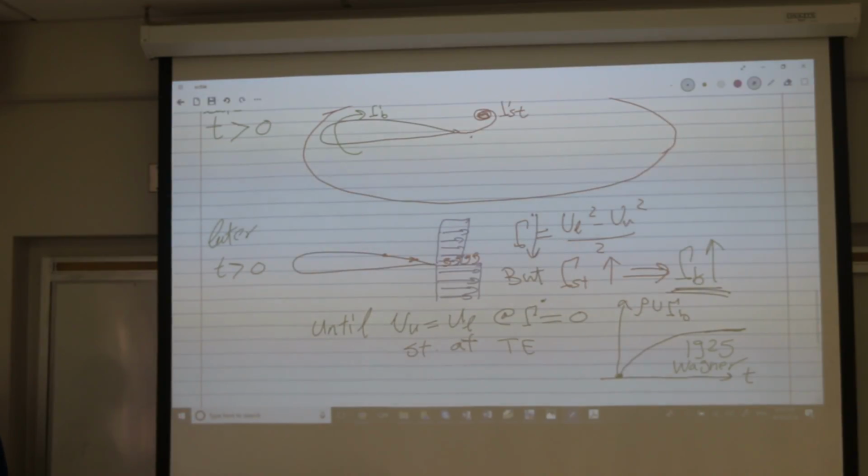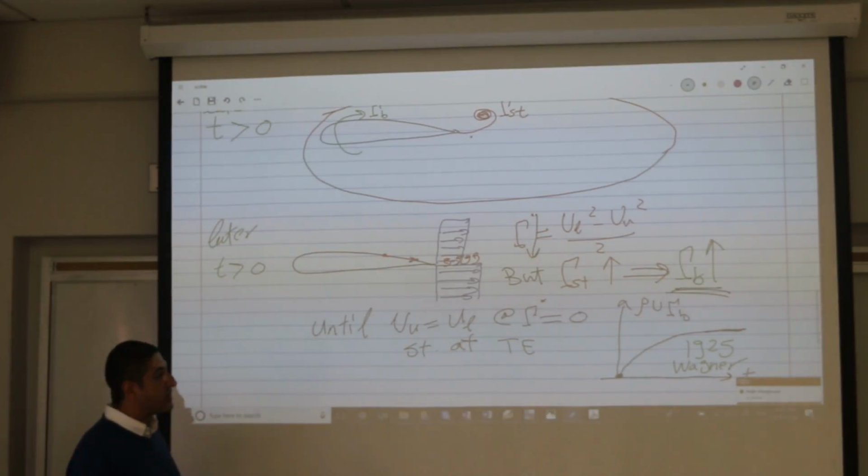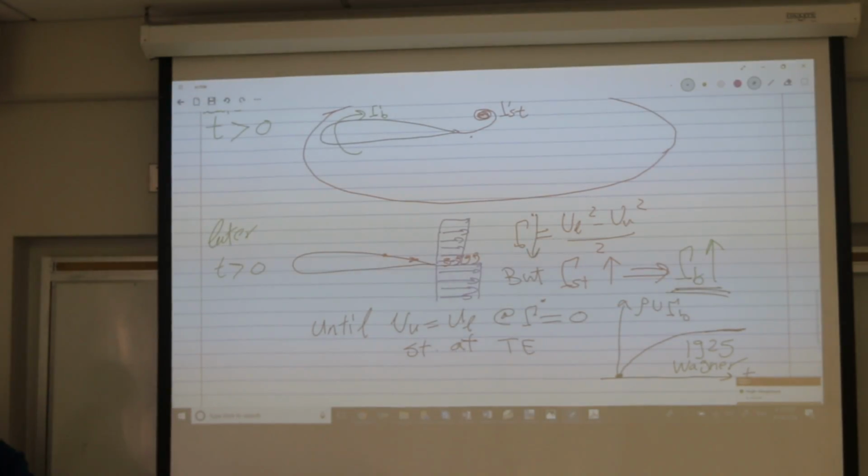So it turns out that the lift development over the airfoil, which we learned a long time ago in our baby undergrad, was not that trivial. It's actually a very intricate process.